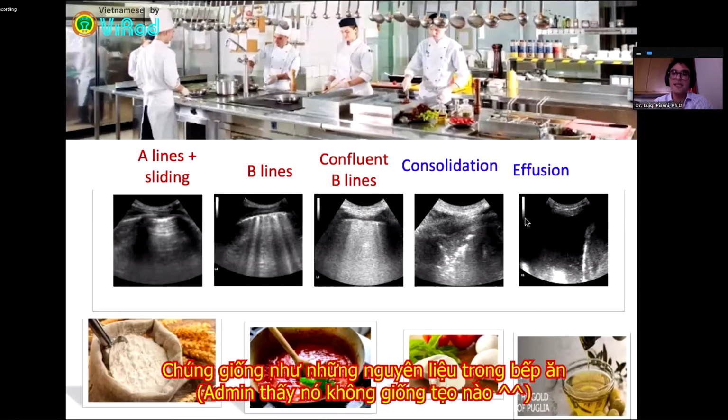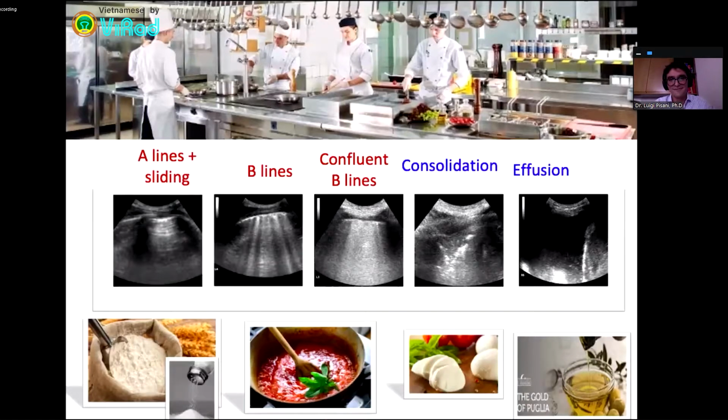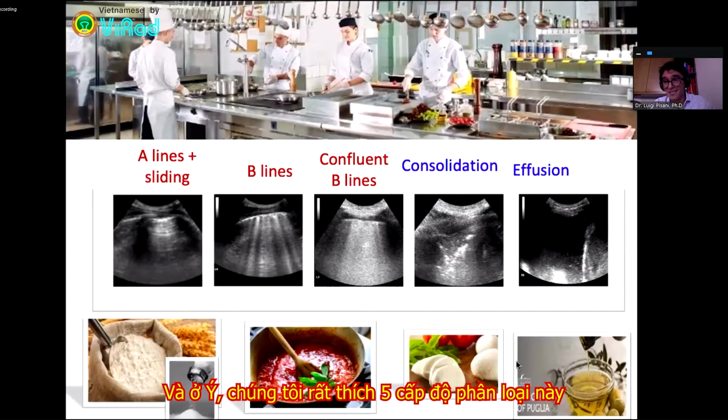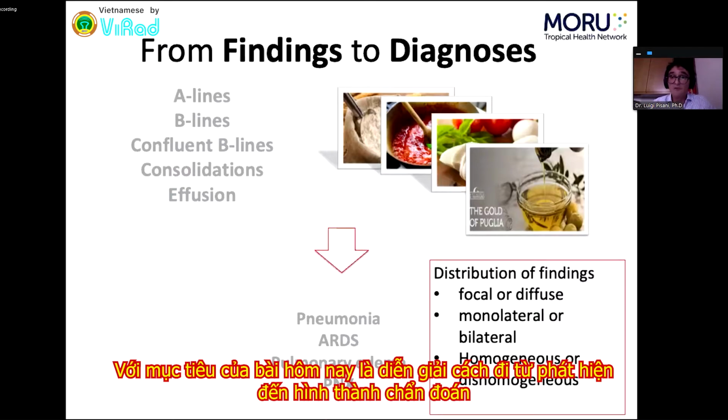They are like ingredients. And in Italy, we love these 5 ingredients very much, for example. But the aim of today is to interpret how I go from findings, from ingredients, to build my diagnosis.